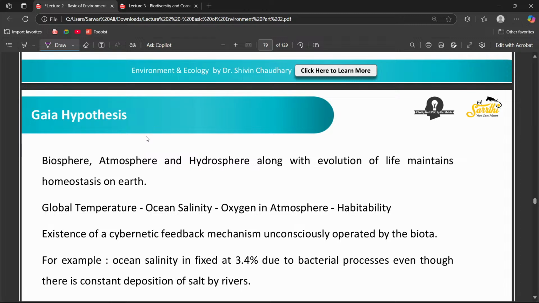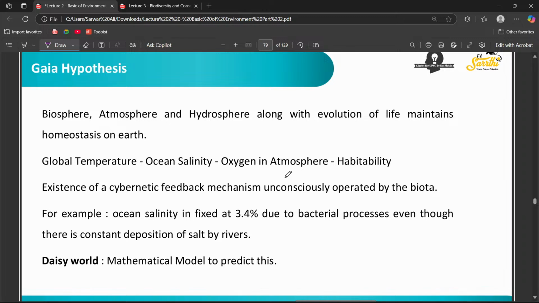If it starts shrinking, the population of the place will also start to shrink. The ecosystem will eventually regulate according to the balance of the organic and the inorganic, the living and the non-living. So it states that the biosphere, atmosphere and hydrosphere along with the evolution of life maintain homeostasis on earth. Homeo means same and stasis means balance.